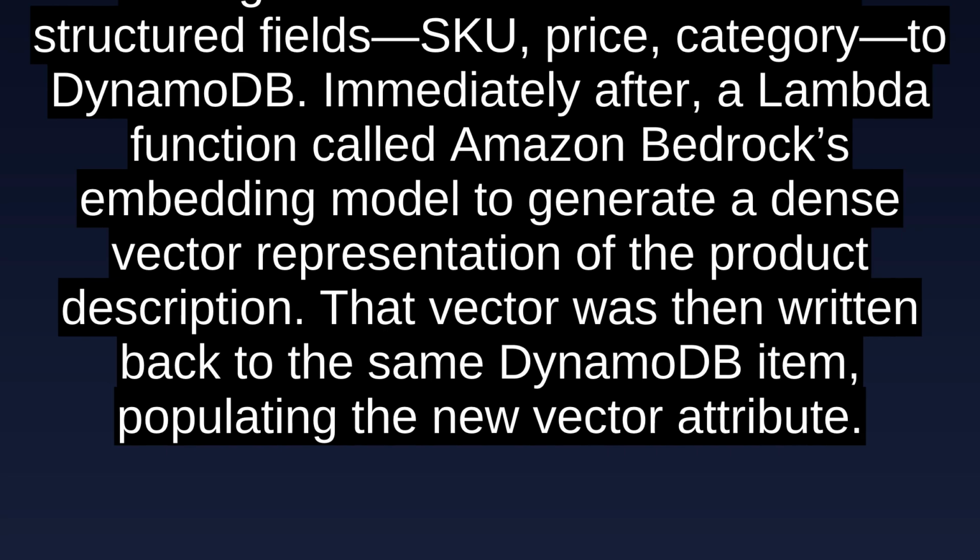When a new product entered the catalog, the ingestion service first wrote the structured fields, SKU, price, category, to DynamoDB. Immediately after, a Lambda function called Amazon Bedrock's embedding model to generate a dense vector representation of the product description. That vector was then written back to the same DynamoDB item, populating the new vector attribute.